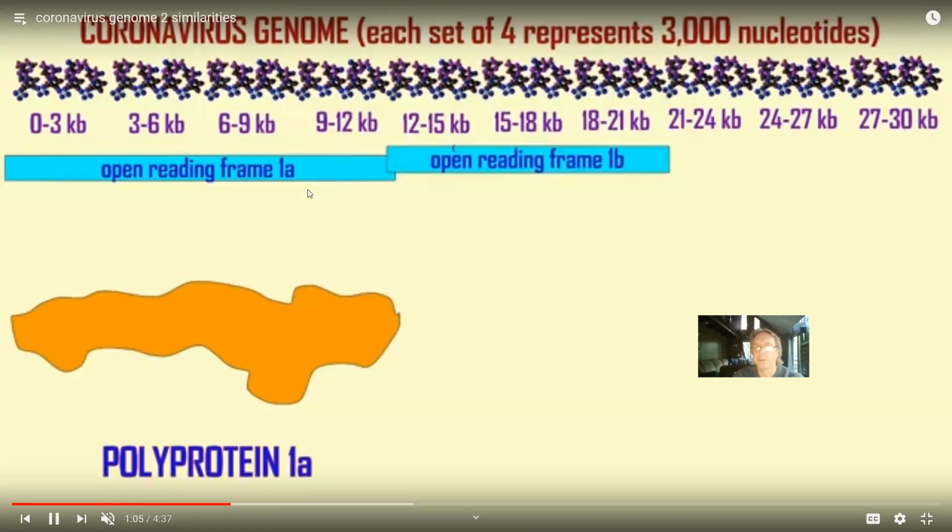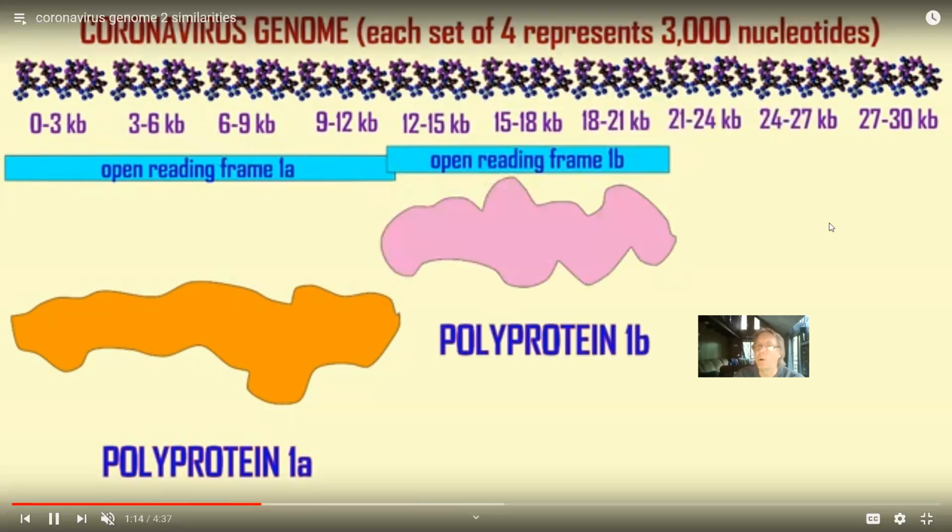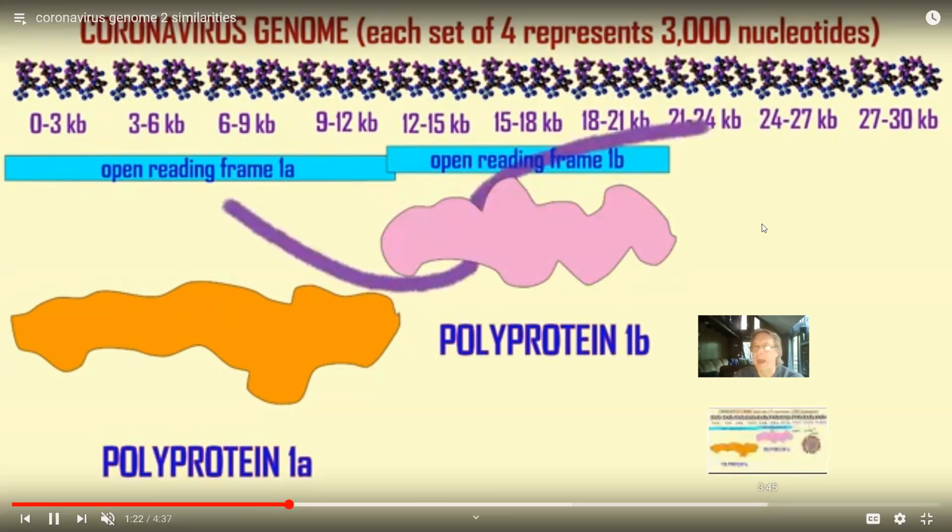The earlier sections are involved in making more of the RNA molecules, among other things, copying it, proofreading it to limit mutations, etc. And then this part of the viral genome encodes many of the proteins which will form the capsid and help to package the virus.